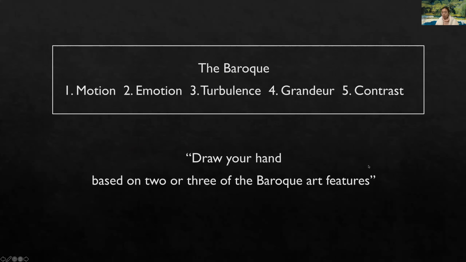We just learned the Baroque art styles, so we are going to apply their art styles into your hand drawing. There are 5 Baroque art features, right? Motion, emotion, turbulence, grandeur, and contrast. So please draw your hand based on 2 or 3 of the Baroque art features.